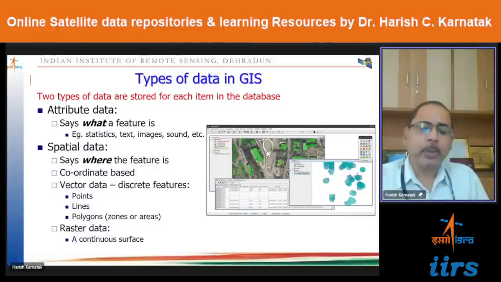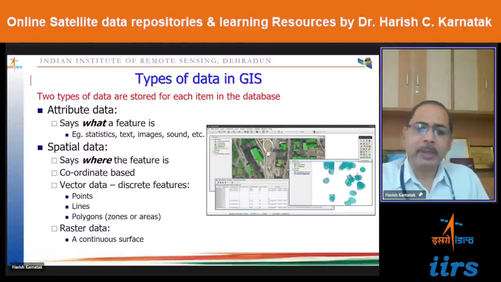Once I have this attribute data, I can attach it to the footprint, and then I can prepare complete data of the building footprints of my locality. This way the data will be prepared. And once the attribute data is linked with the footprint of an object in a satellite image, this data will be called GIS data.